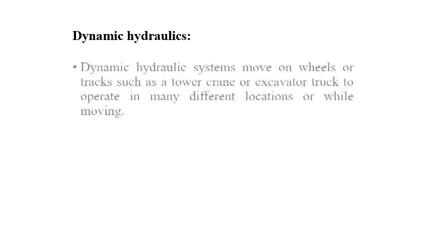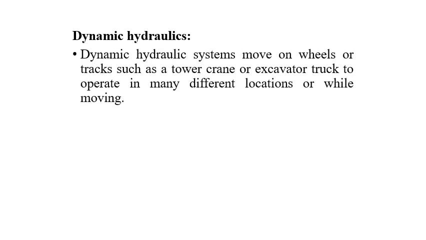Second case, dynamic hydraulics. As the name tells, it is in movement. Dynamic hydraulic systems move on wheels or tracks, such as a tower crane or excavator truck, to operate in many different locations or while moving.